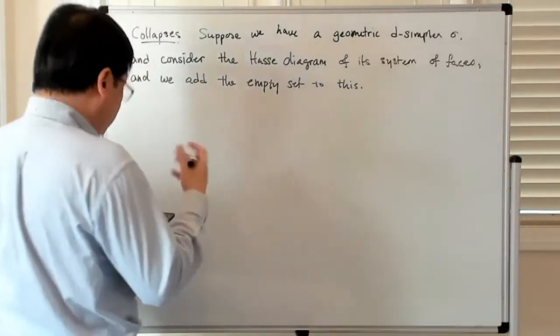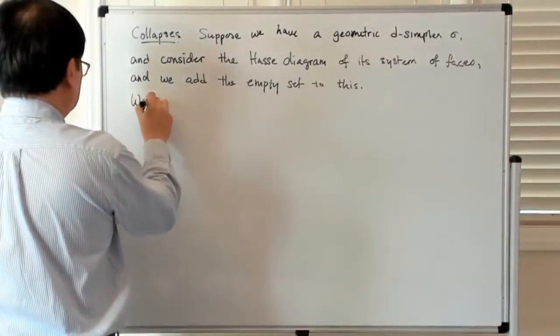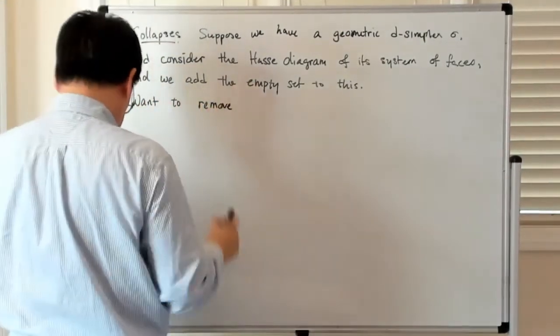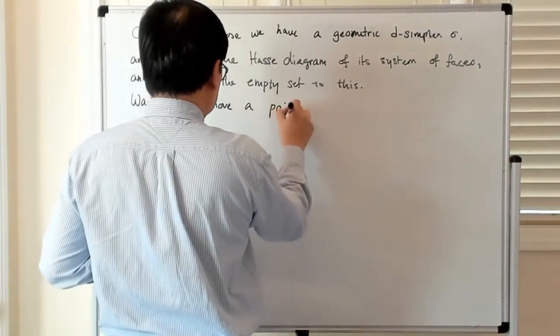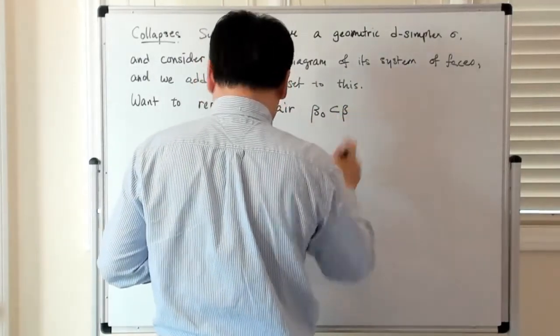Okay, so now I want to remove a pair. Let's call that beta 0, and beta 0 has to be contained in beta.